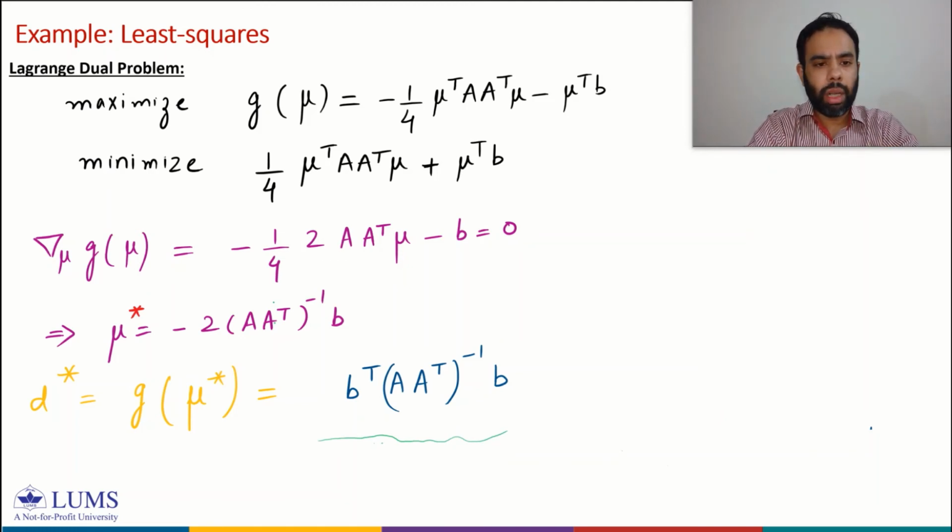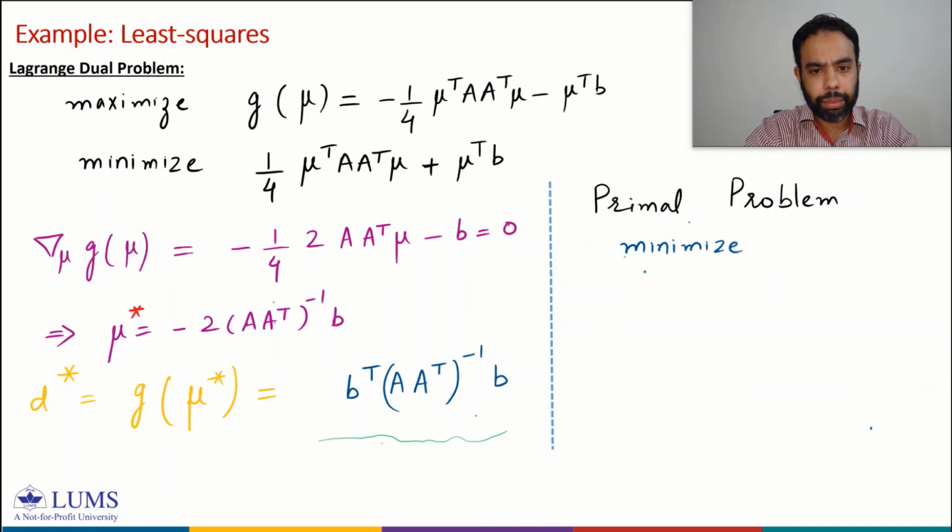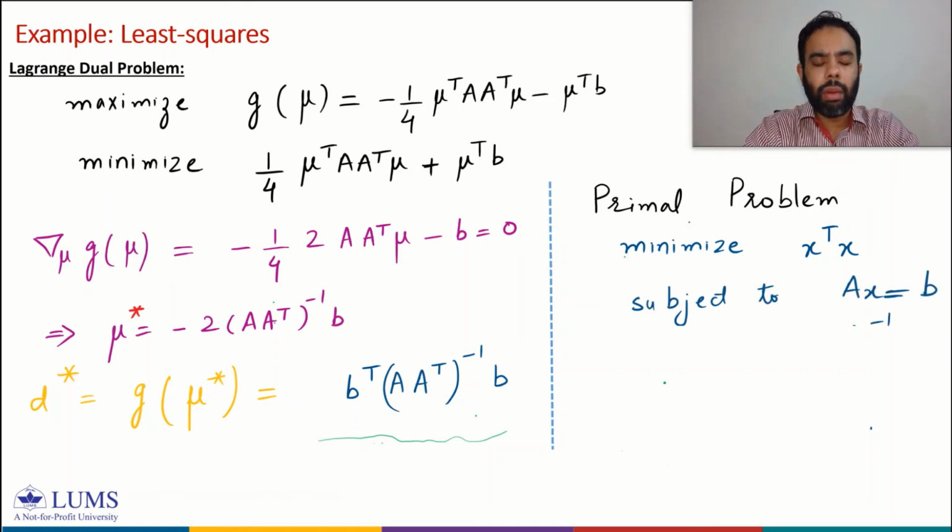We can also determine the optimal value for the primal problem. So let me quickly rewrite the primal problem. In the primal problem we minimize a quadratic function x transpose x subject to Ax equal to b, and the solution of this is given by the pseudo inverse of A. So x star would be A transpose (A A transpose) inverse b.